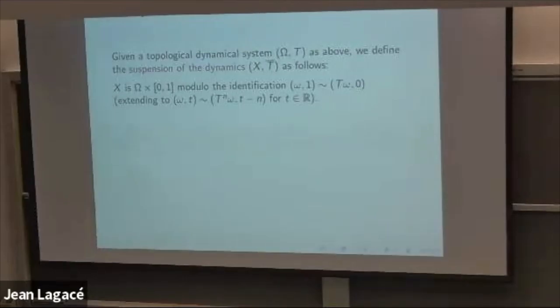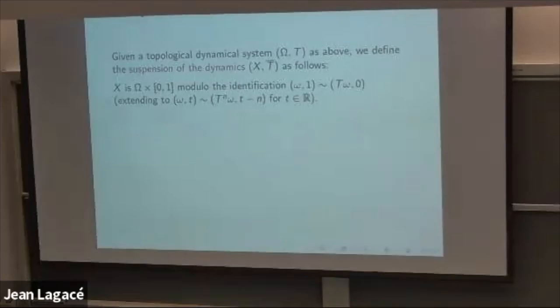And then, of course, you can keep flowing, right? So right now I've told you what you do in the first time interval of length 1. But if you keep flowing, you can also look at points of the form omega comma t. After each amount 1 of time, you come back.